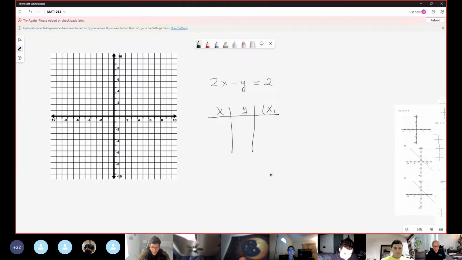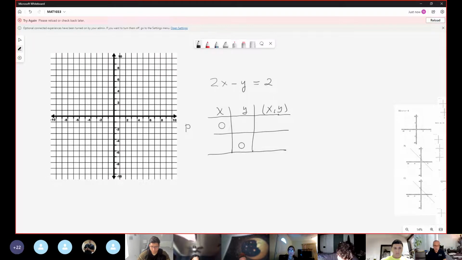Okay, I highly recommend doing this table. This table is easy. It contains 3 columns: X, Y, and the combination of both. And you put 0 here and 0 here. I'm plugging in, row by row, into the equation.